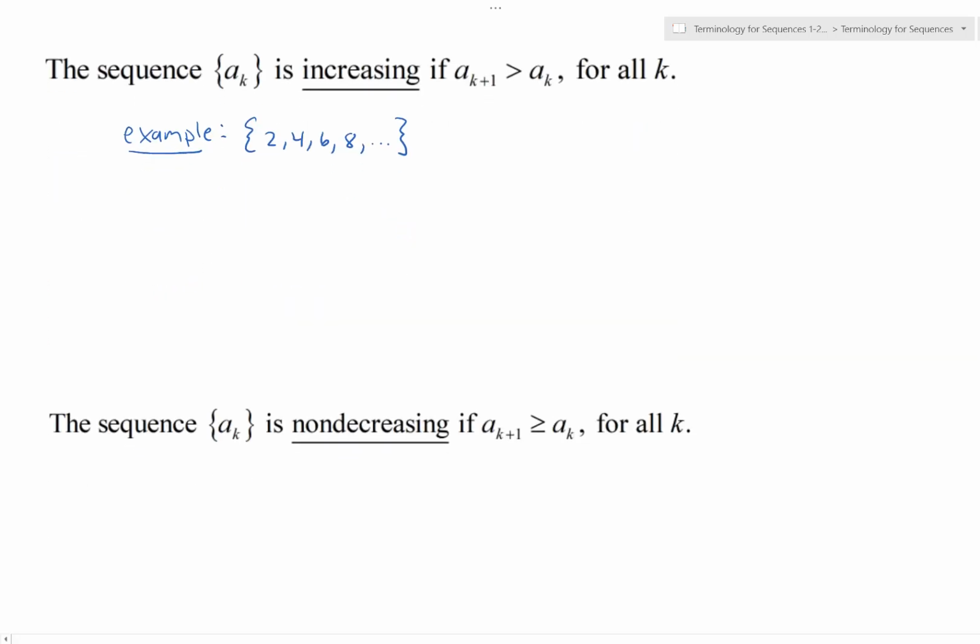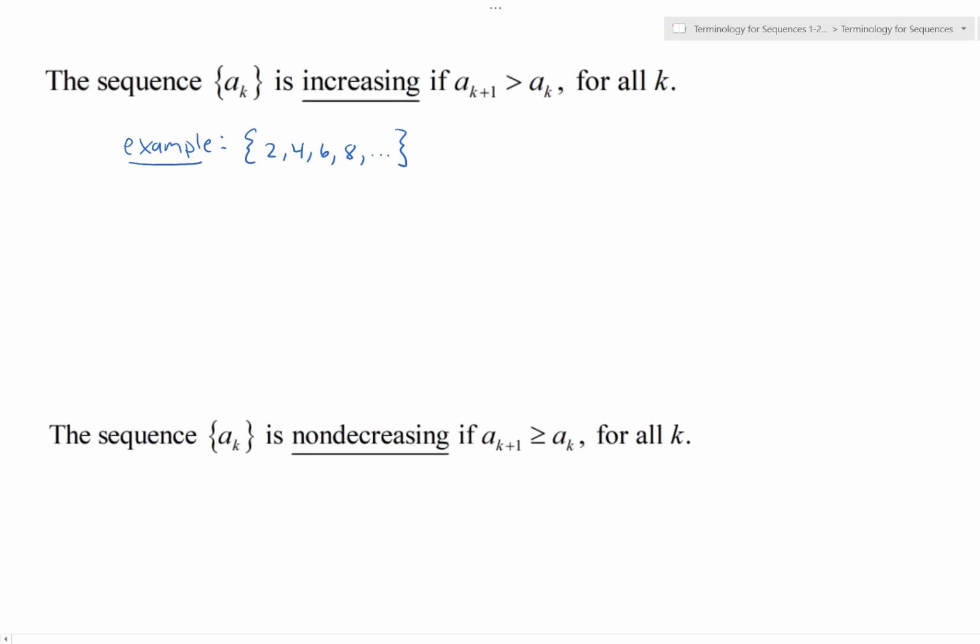Now, what if we said it's non-decreasing? How does that differ from increasing? Well, we say that the sequence a sub k is non-decreasing if each next term in the sequence is larger than, and here's the difference, or equal to the previous term. And that's for all index k. The difference between increasing and non-decreasing is that when you're increasing, the next term always has to be larger than the previous term, whereas when you're non-decreasing, the next term could be equal to the previous term but can never be smaller.